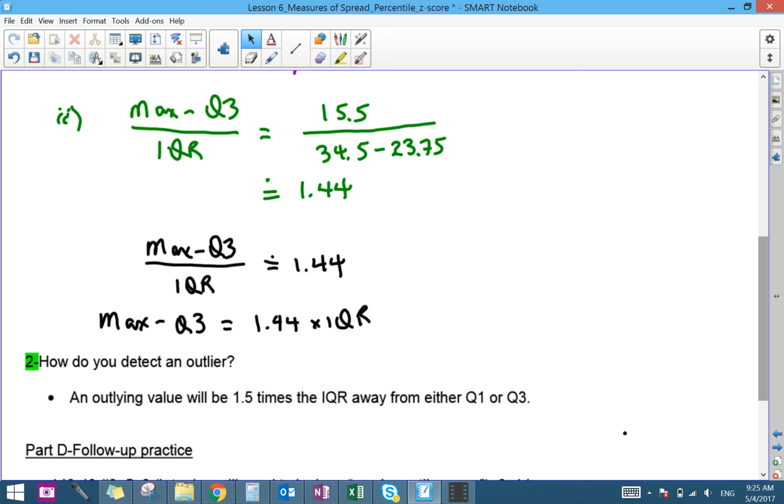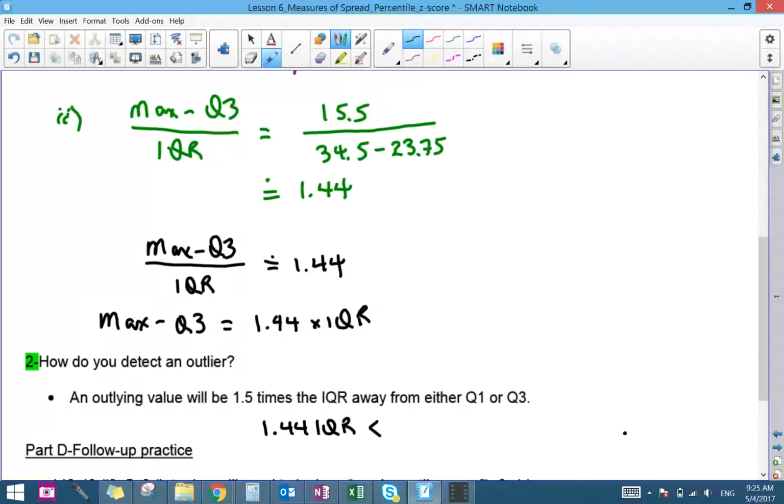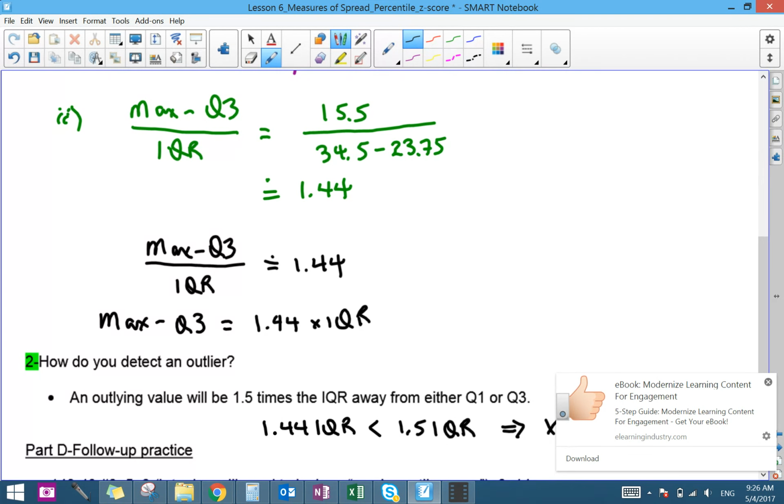So what we can see right away is that the 1.44 IQRs falls underneath, it's less than the 1.5 IQR ruling that's been given to us, which implies that the score of 50, or x equals 50, is not, and that's important, an outlier.